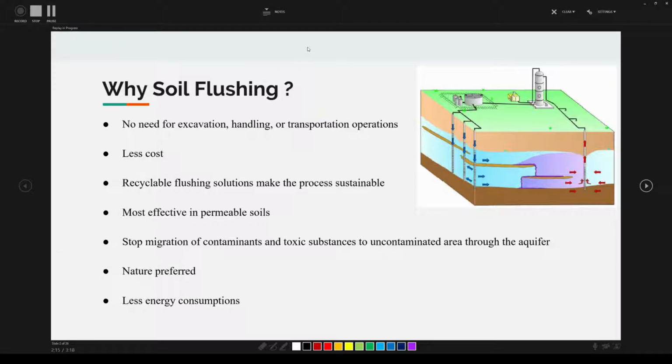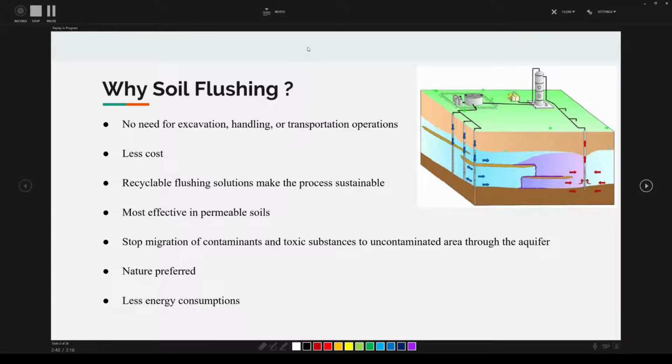And it is more nature preferred because, unlike the ex situ soil washing, you need to dig out a big hole to remove all the contaminated soil and then do a series of treatment on that. That might cause you to destroy the terrain and destroy some small ecosystems at that site, maybe ones you are not able to notice.